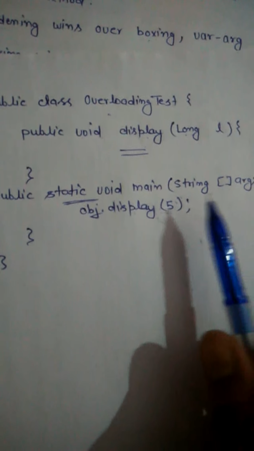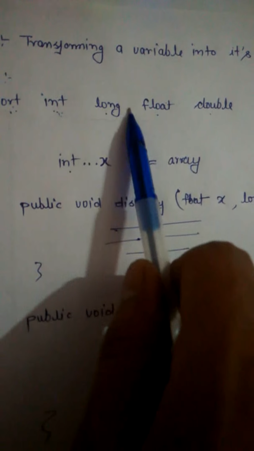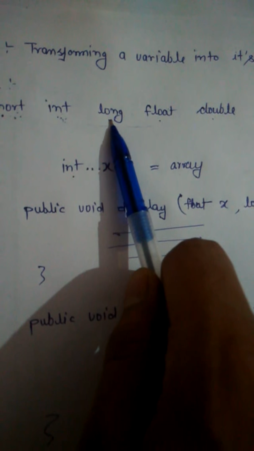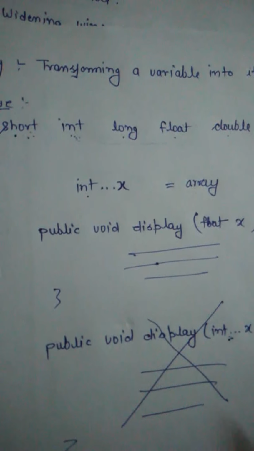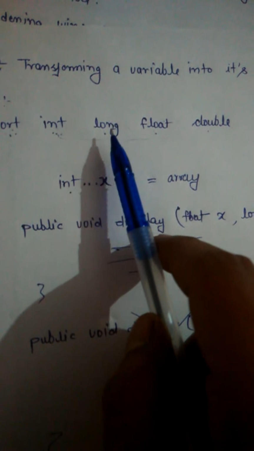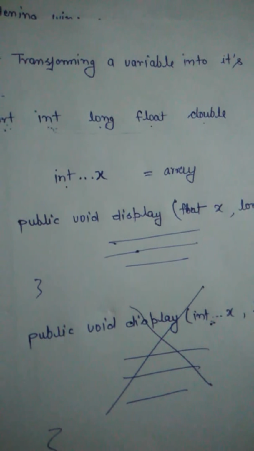The passed parameter is a primitive integer. The widening of a primitive integer means long, float, and double. So it will check whether there is any method named display which accepts long, float, or double as its parameter.